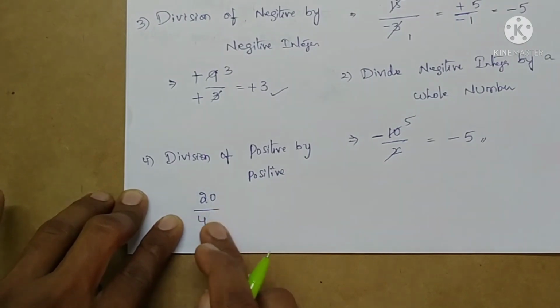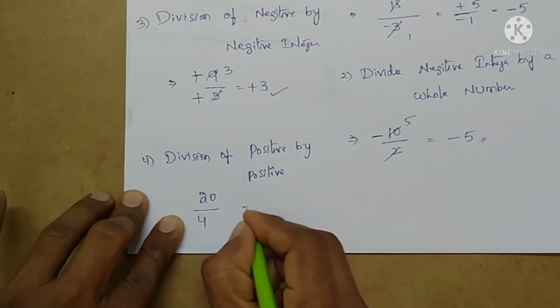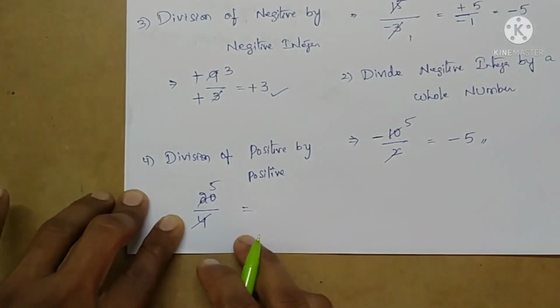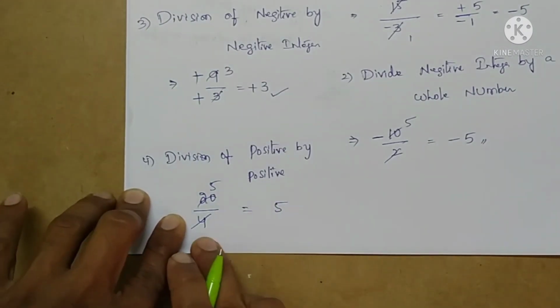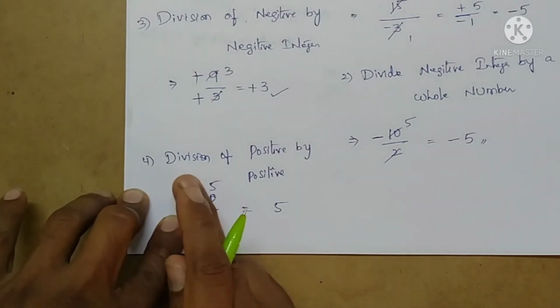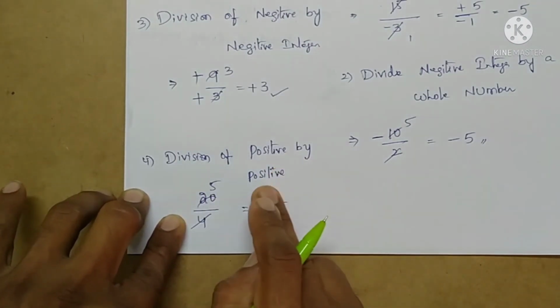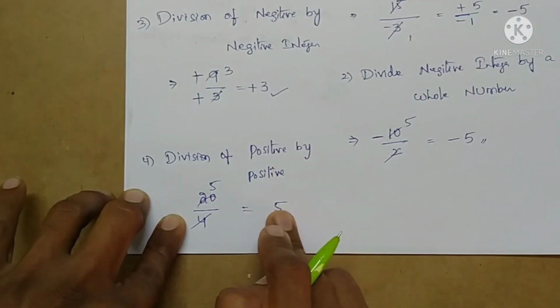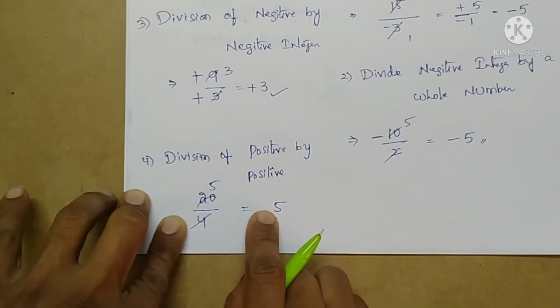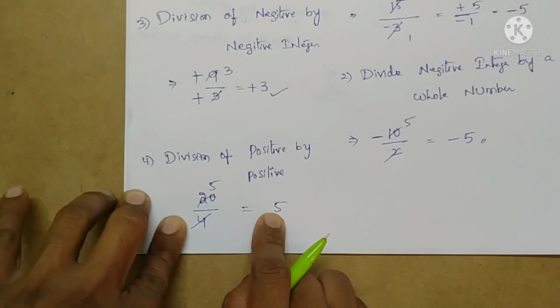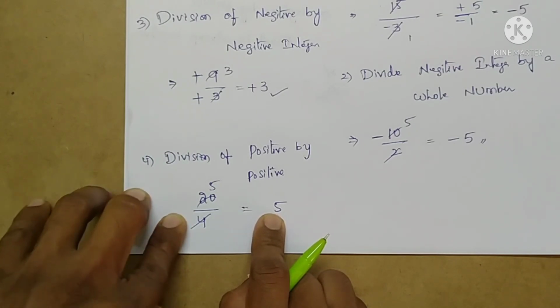So 4 5s are 20. The resultant is always a positive integer. In the case of division of positive integer by positive integer, the resultant is always a positive integer. We give a positive sign for the resultant quotient.